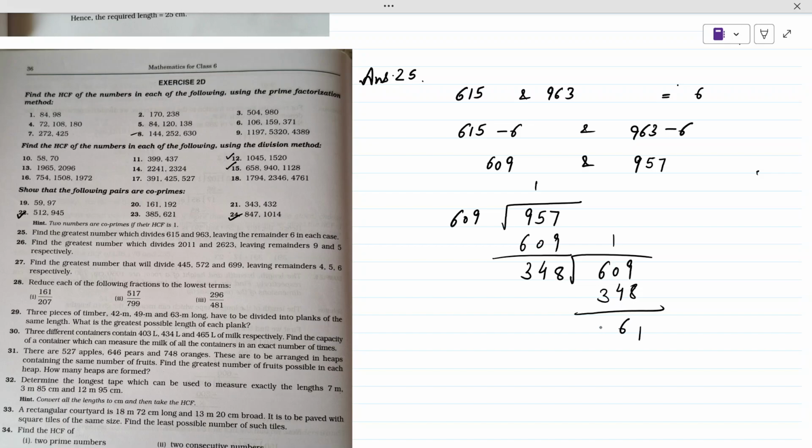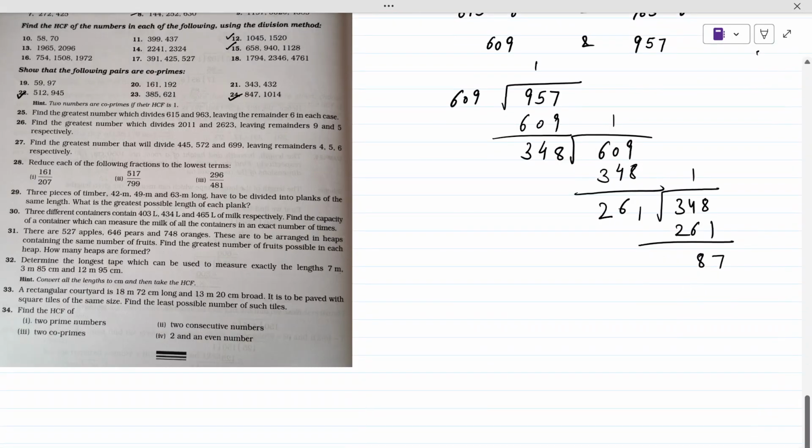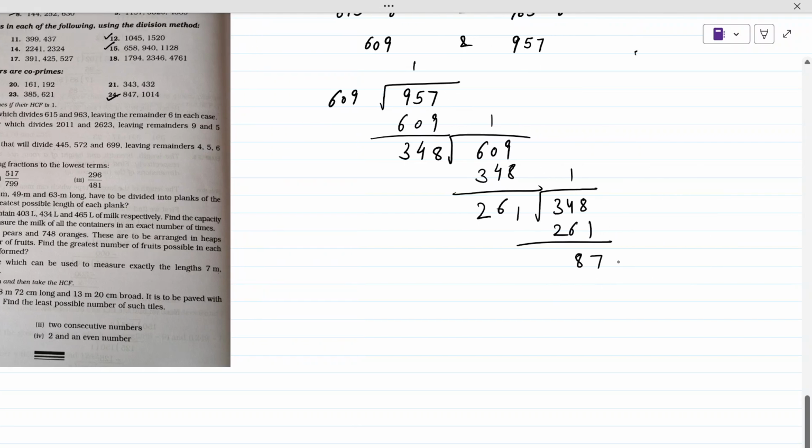And then 5 minus 3 is 2. 261. Again 348, again we'll take 1. 261, 8 minus 1 is 7. 14 minus 6 is 8. 87 we have here. Now with 87, we have to divide 261.